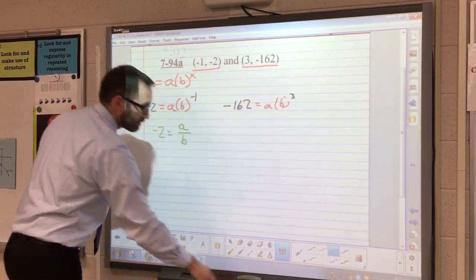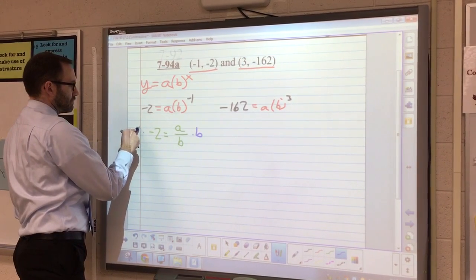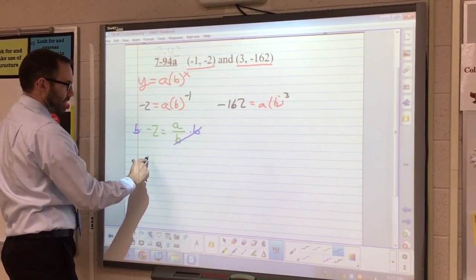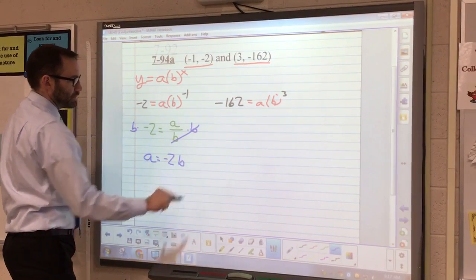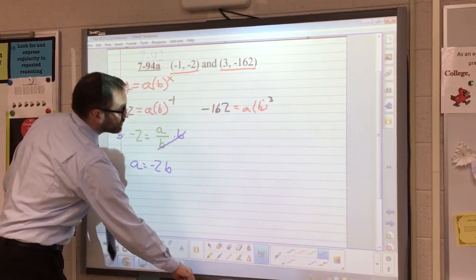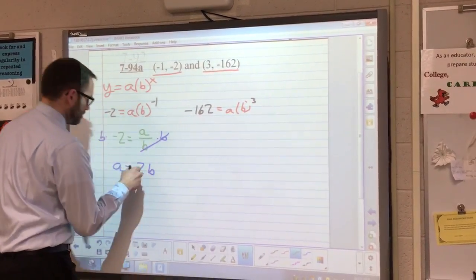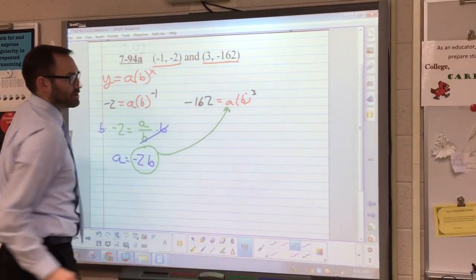So to solve for a, I'll multiply both sides by b. And I'm going to get that a equals -2b. This I can then substitute into my other equation.